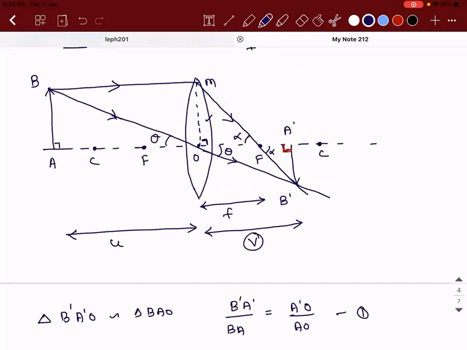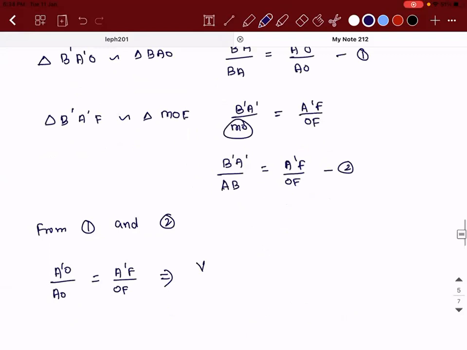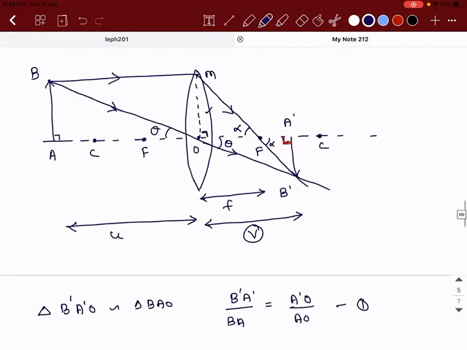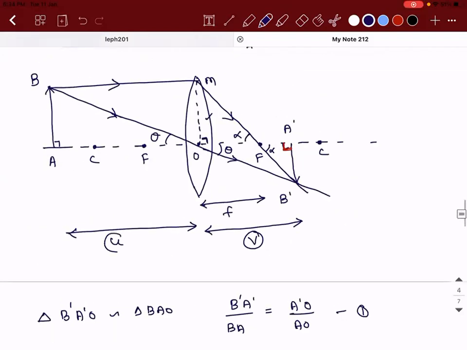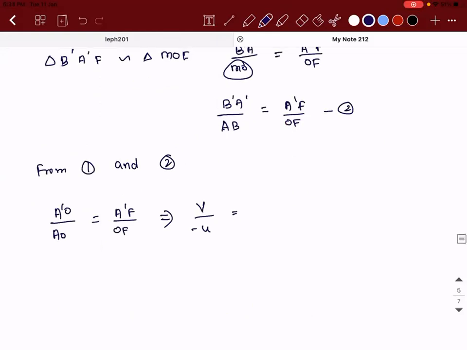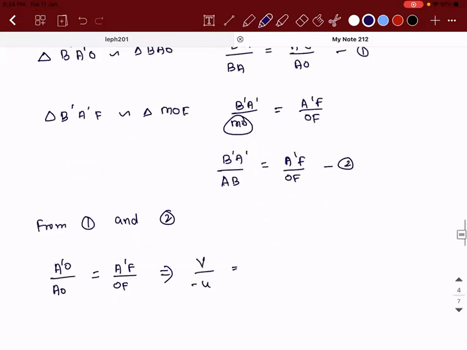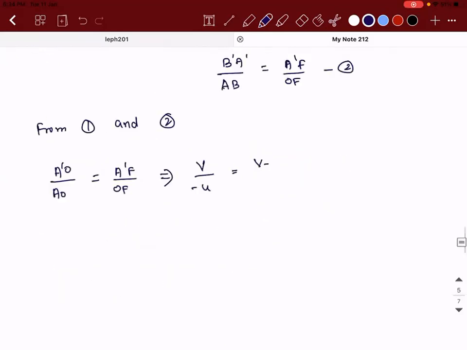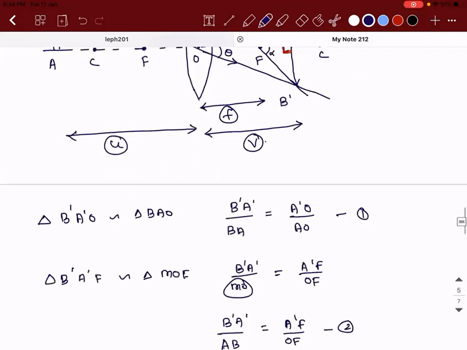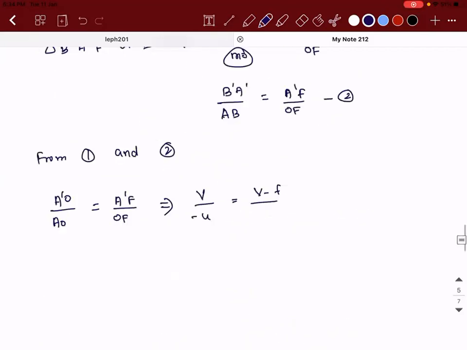A dash O is V, divided by AO, which is U with a minus sign, is equal to A dash F, which is V minus F, divided by OF, which is F. This implies VF is equal to minus UV plus UF.